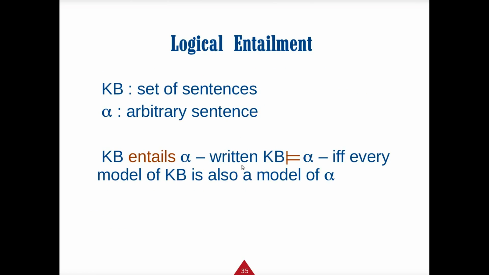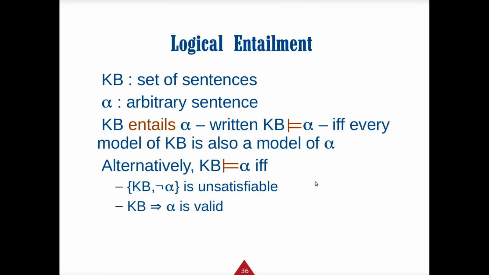So logical entailment is: the knowledge base is a set of sentences, and alpha is an arbitrary sentence. KB entails alpha is written as KB, this sideways thing with two lines, alpha. So KB entails alpha if and only if every model of KB is also a model of alpha.